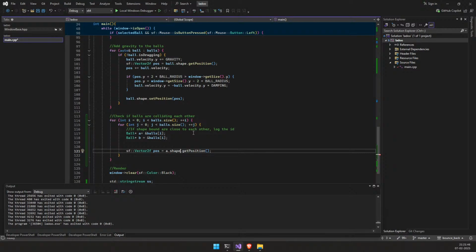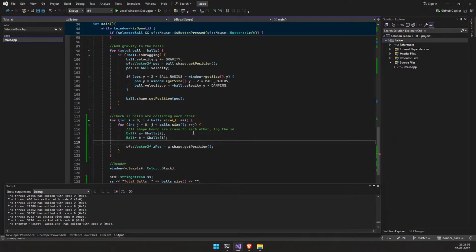A dot shape dot get position, A position.